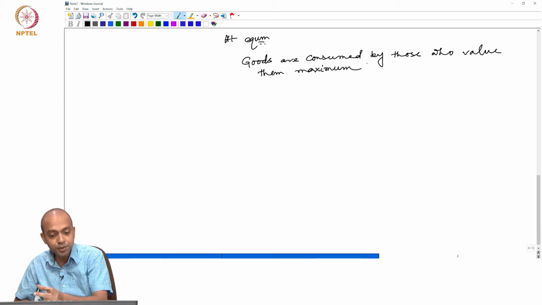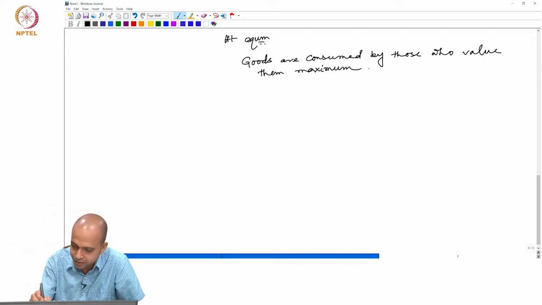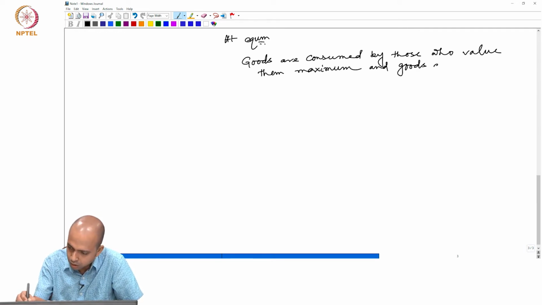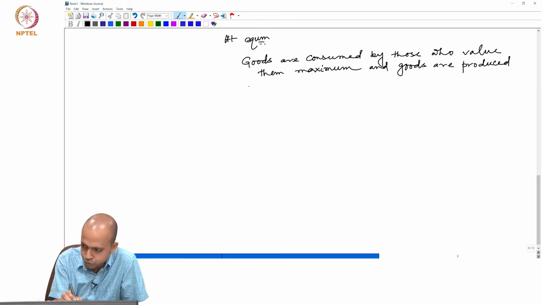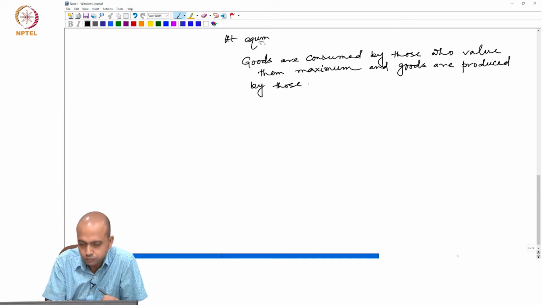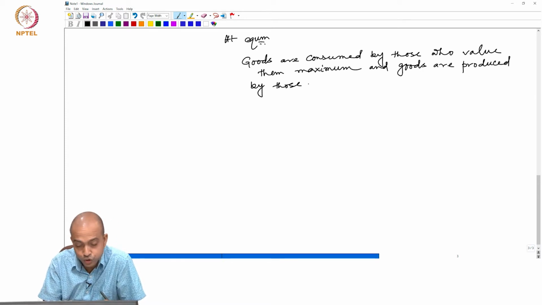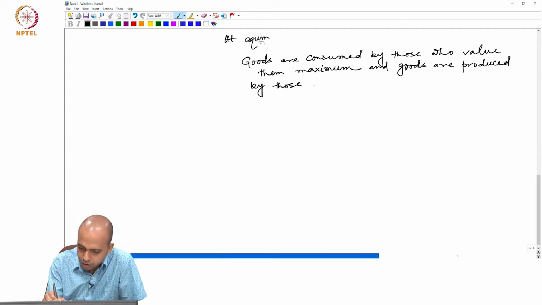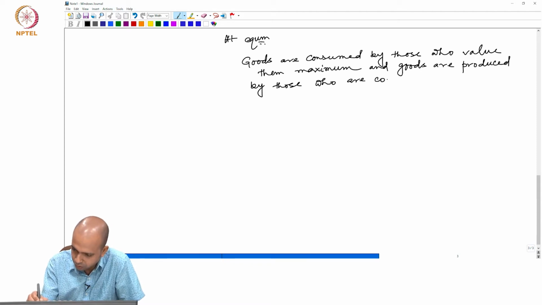So, that is why at equilibrium, goods are consumed by those who value them maximum, and goods are produced by those who are cost efficient.